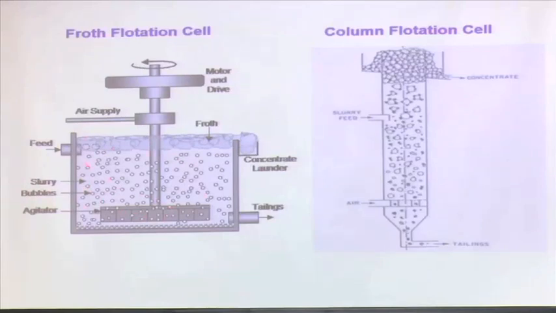So, this is a unique example where engineers, people from different backgrounds, can work together. There is a lot of fluid mechanical behavior involved, that is your bubble-particle interaction, solid-fluid interactions. So, it is a multi-phase system. Then your chemicals, how do I add them?